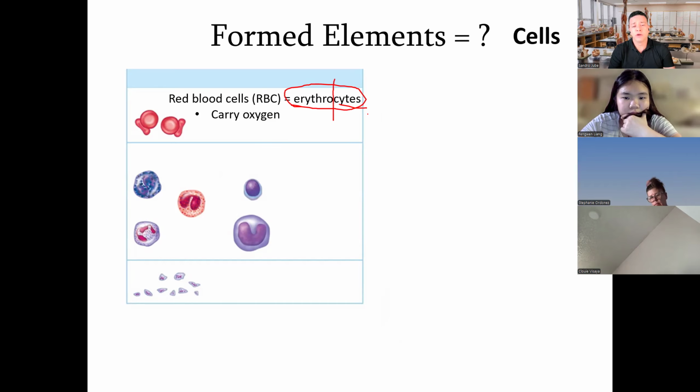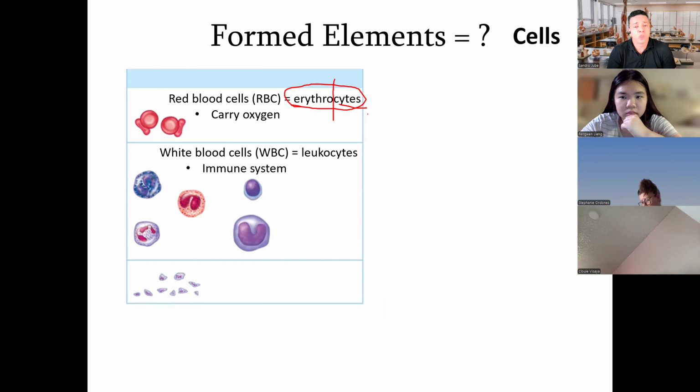And the function of the erythrocytes, the red blood cells, is to carry oxygen and distribute the oxygen all over our body. Okay? Then we have the white blood cells. The white blood cells are also what we call the leukocytes. Leuko means white. And the leukocytes are involved with our immune system. They help to protect our body against anything that is foreign to our body.